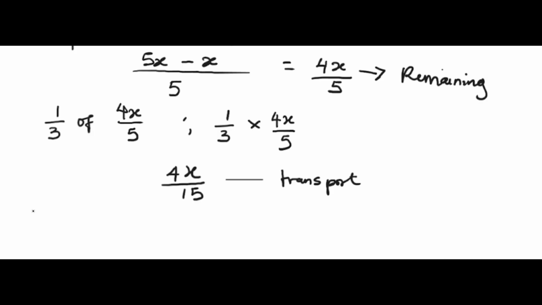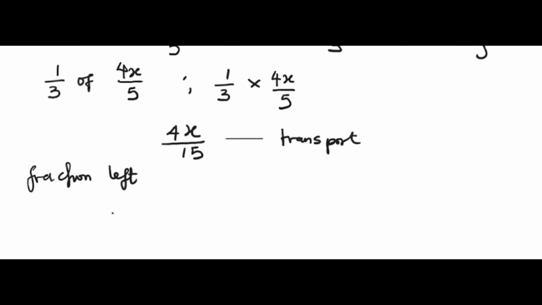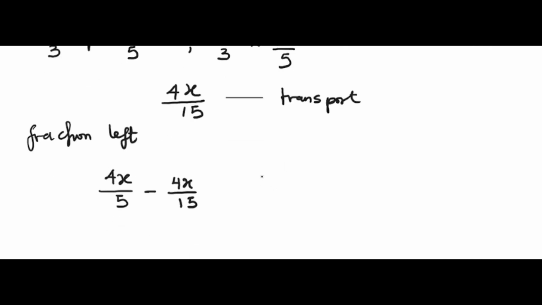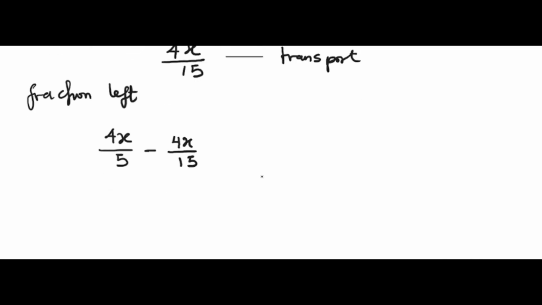So to know what is left, to get the fraction left, we would remove 4x over 15 from 4x over 5. Okay? So taking LCM of the denominator, we will have 15. 5 into 15 is 3. 3 times 4, 12x minus 4x.